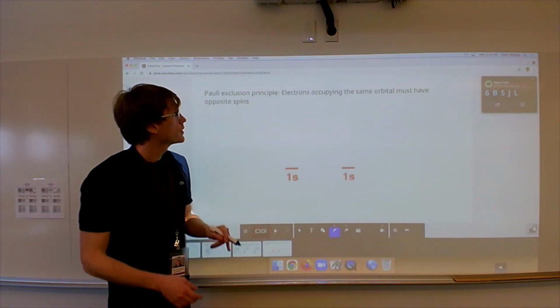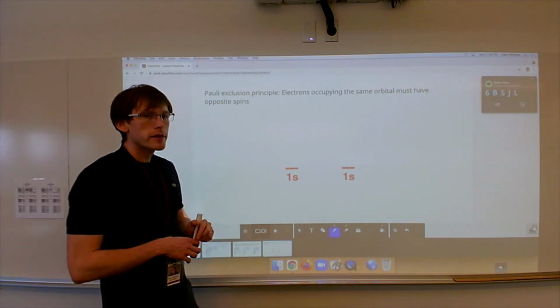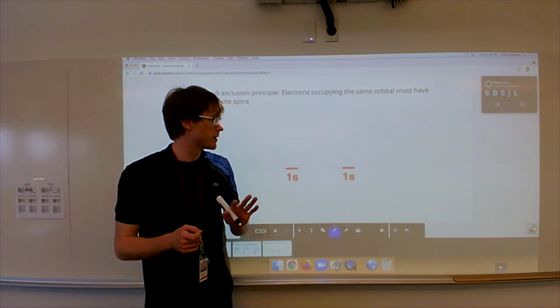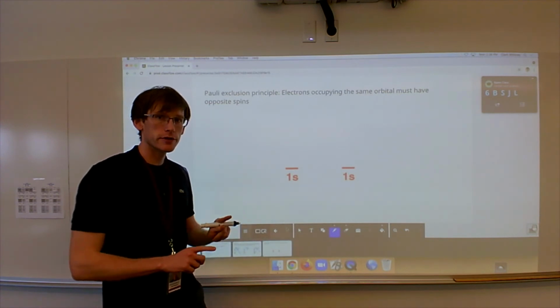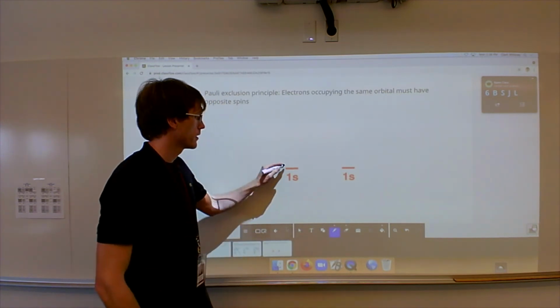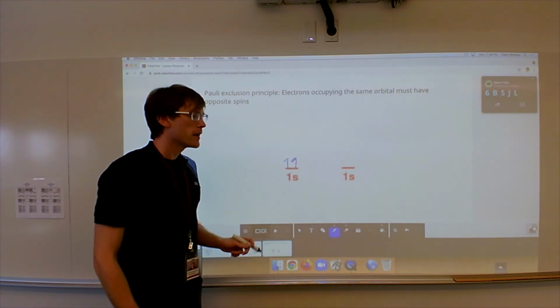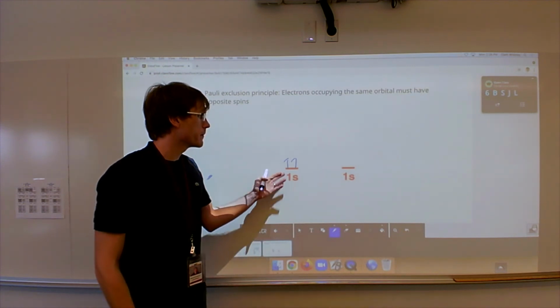And finally, we have the Pauli exclusion principle. According to the Pauli exclusion principle, electrons occupying the same orbital must have opposite spins. So let's take helium, for example. Nice and simple, just 2 electrons, both in the 1s. If I were to put both electrons as spin up, there would be no distinguishing factor between them.